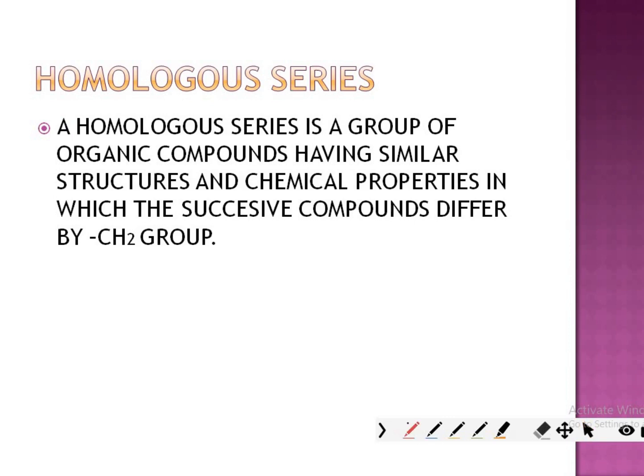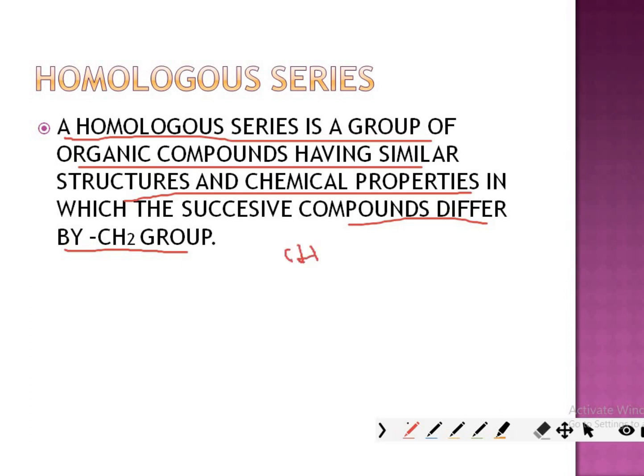Now the next we have homologous series. A homologous series is a group of organic compounds having similar structure and chemical properties in which successive compounds differ by CH2. It is a very simple thing. For example, if I am given an alkane, say methane, the next hydrocarbon of this homologous series will be what?